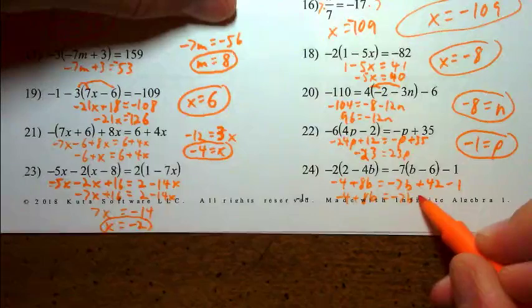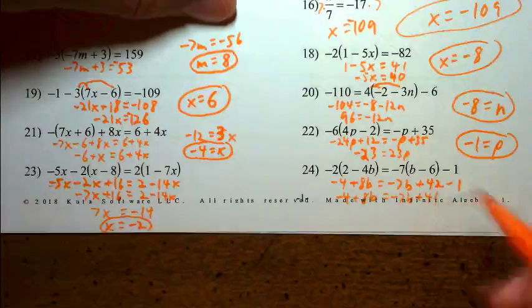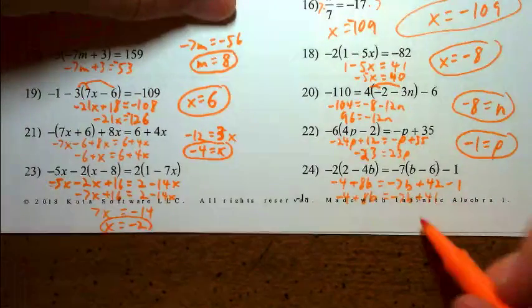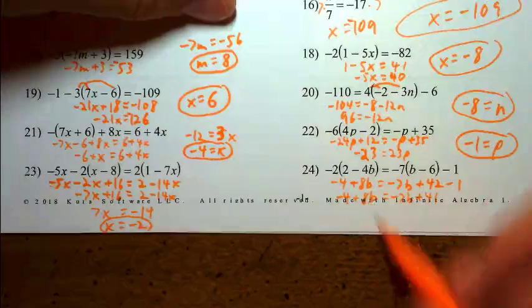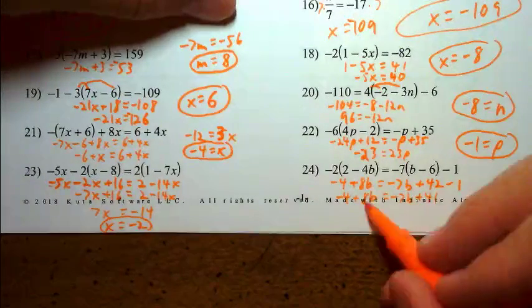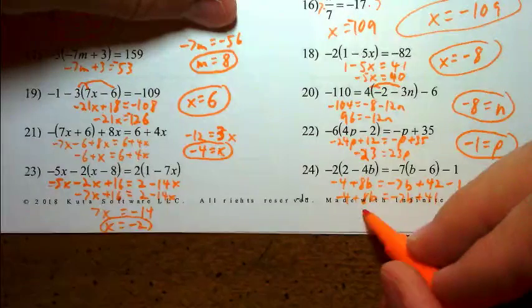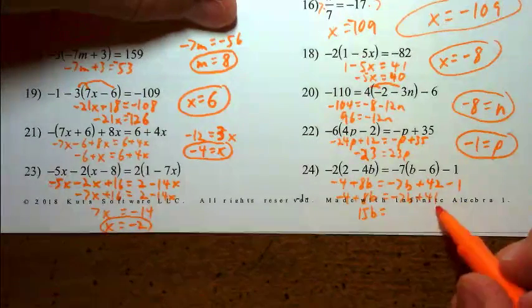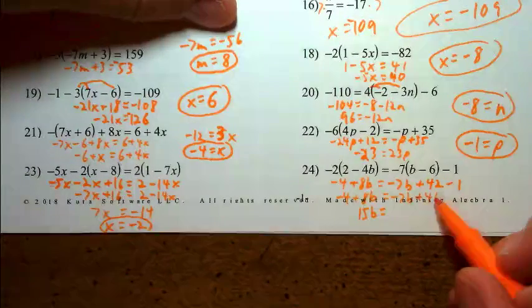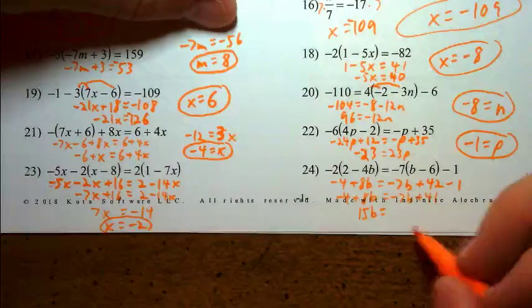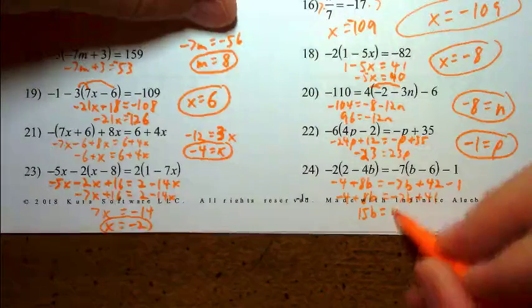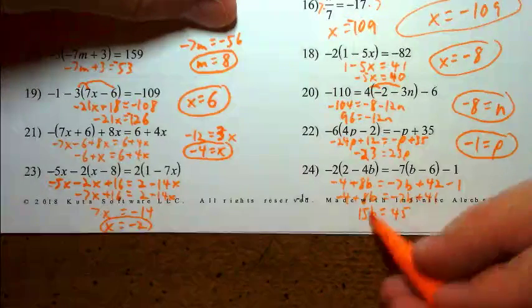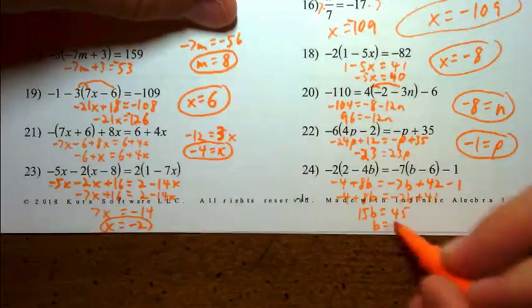This side I get plus 41. We can bring the 7 over by adding 7. So the b value here, we're adding 7 to that. That gives us 15b. The 4 can bring over, so we're adding 4 to 41, and that's going to give us a positive 45. Divide by 15, and b is 3.